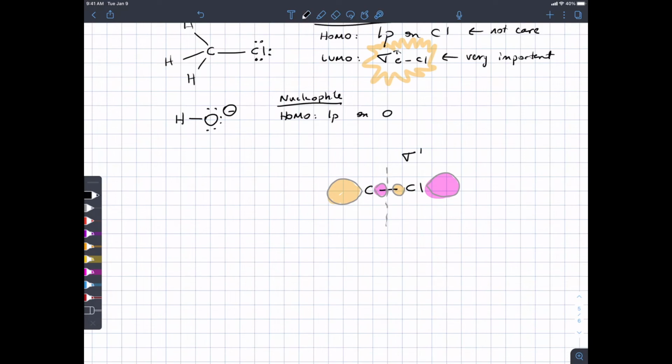This is the carbon-chlorine sigma star. I'm also going to draw where the carbon-hydrogen bonds are. And then we can draw the non-bonding lone pair on oxygen. If you want to act like it's in an sp3 hybridized orbital, that's fine. You don't actually have to, but that'll work for us for now.